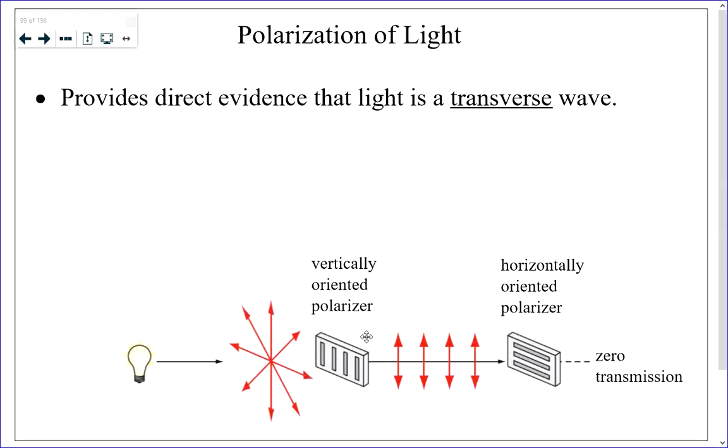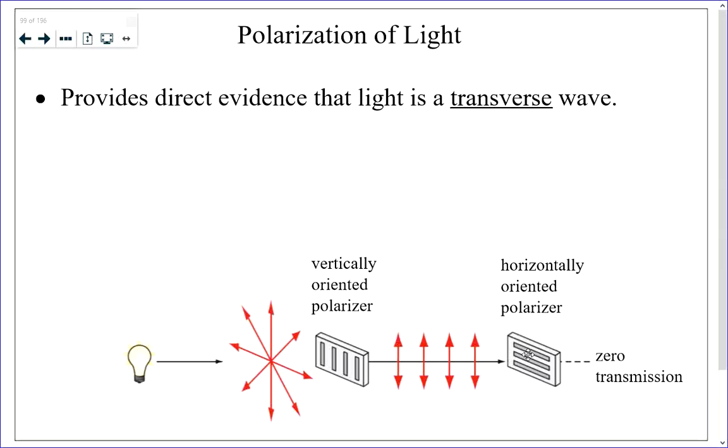That's cartoonish in nature. You would never see these openings. When that light passes through that vertically oriented polarizer, anything that is not oscillating vertically gets knocked out by the polarizer. So this light in the center is vertically polarized light.